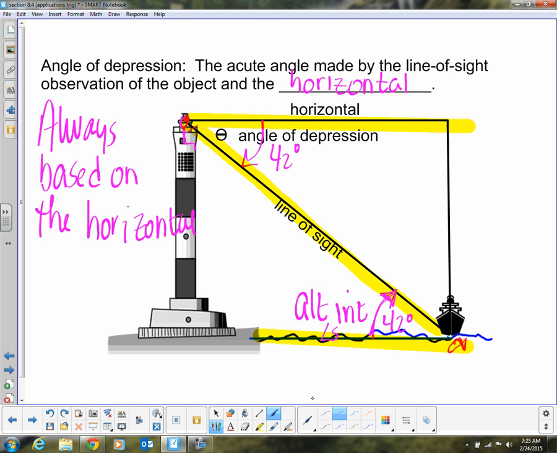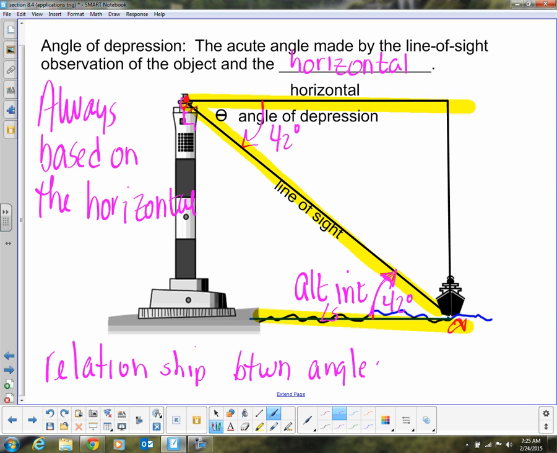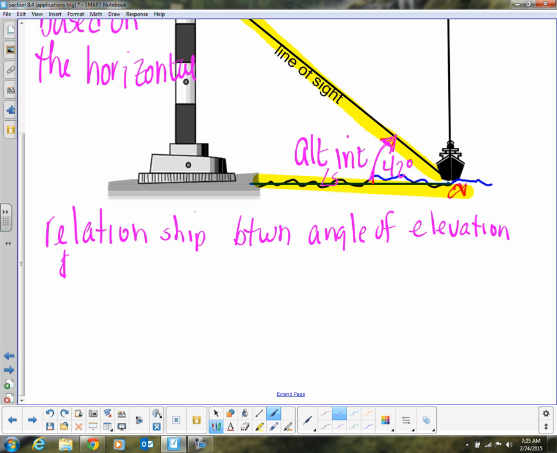Are we still going to access like sine and everything for this stuff? Mm-hmm. So this is the relationship, because they're always based on the horizontal. That's between angle of elevation and angle of depression.